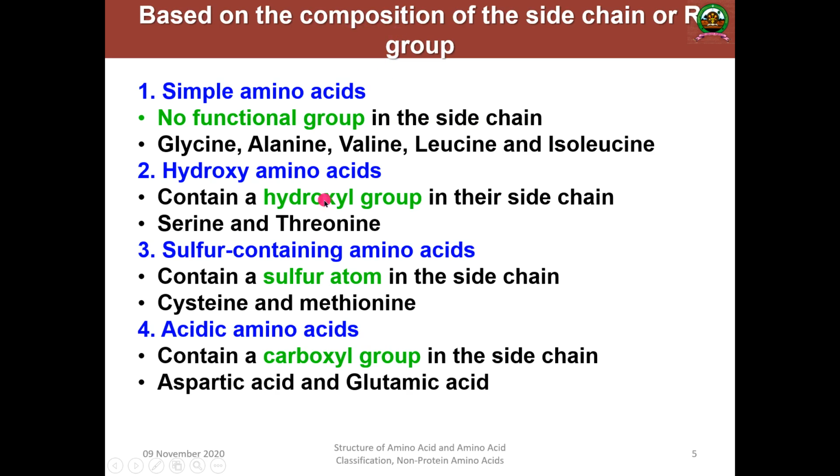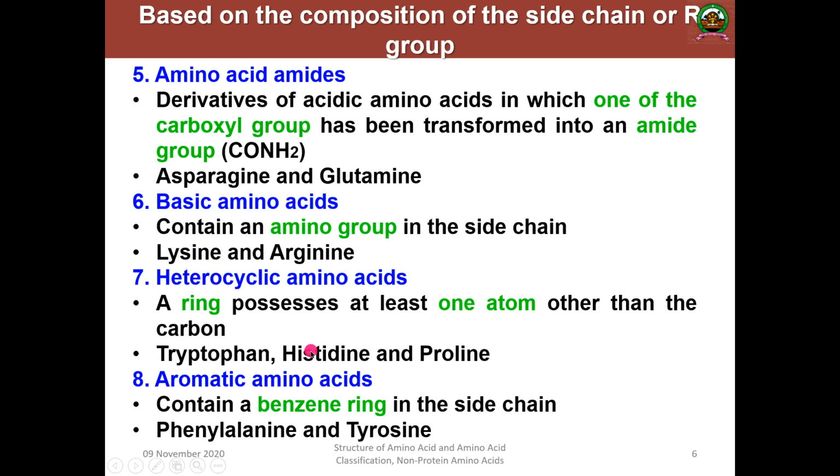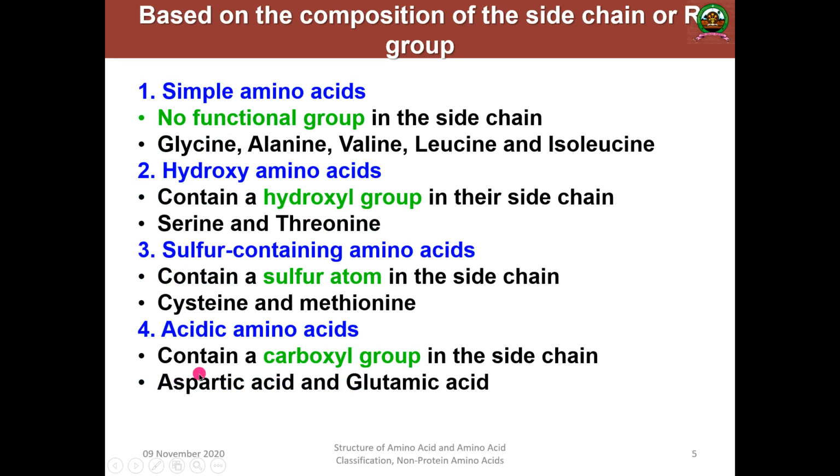Based on that, these amino acids fall mainly into 8 groups: simple amino acid, hydroxy amino acid, sulfur containing amino acid, acidic amino acid, amino acid amides, basic amino acid, heterocyclic amino acid, and aromatic amino acid. So we will discuss one by one.